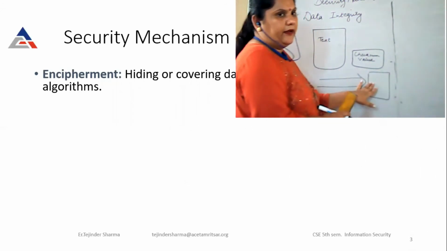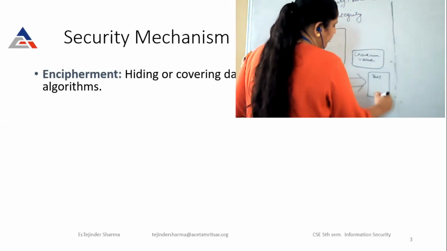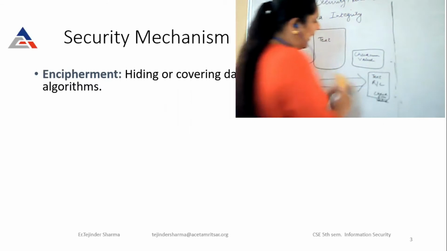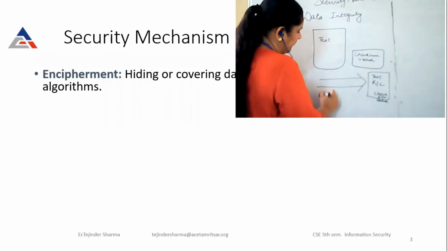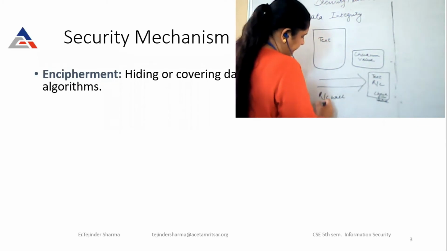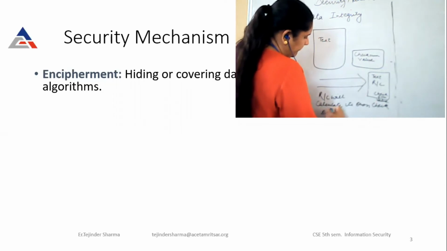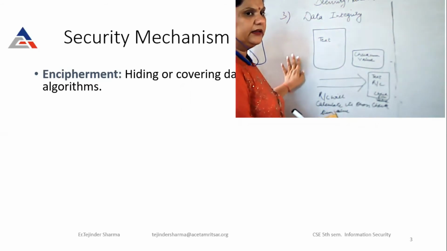And the receiver has this text as well as the checksum value. Now, the receiver will calculate its own checksum value for the same text, for the entire text.